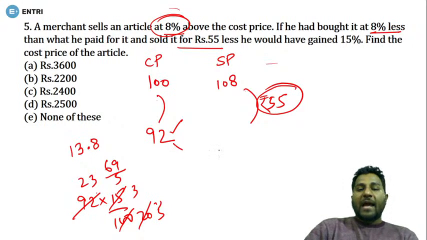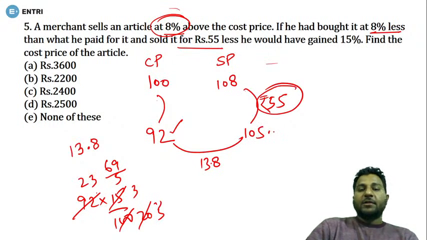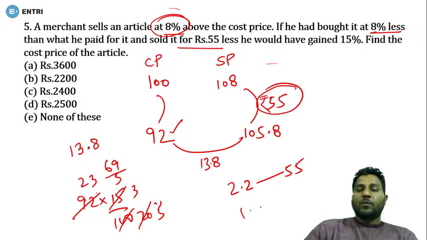So clearly we will add 13.8 as profit. So 92 plus 13.8 is 105.8. So clearly the difference is what? 2.2 equals 55.